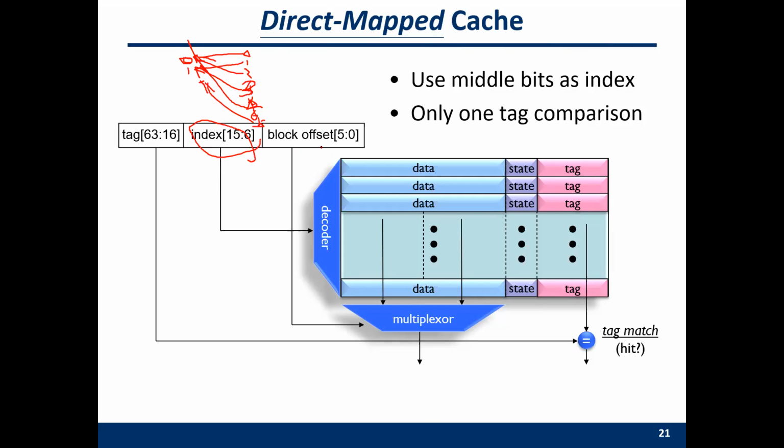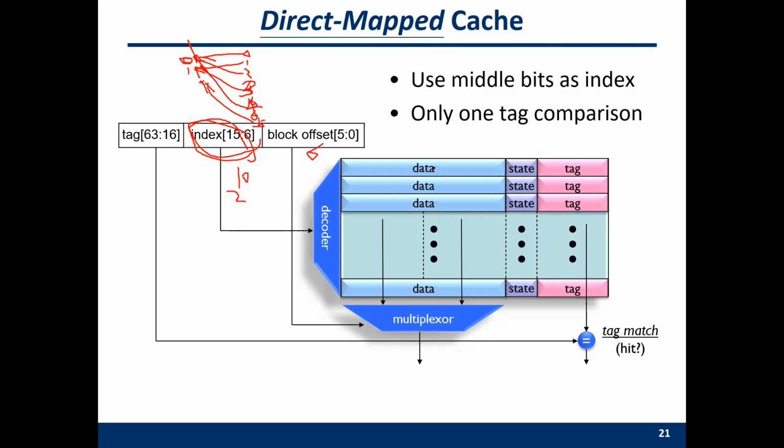And we still have this block offset, which is 6 bits, which is 64 bytes. We have index bits. The index bits are from bit 6 to 15, which is 10 bits. By 10 bits, we can index 2 to the 10, 1K entries.